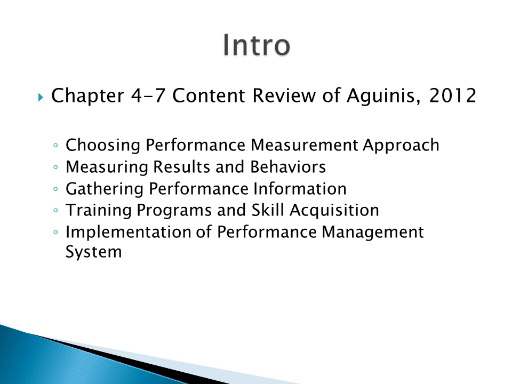So this week we reviewed chapters 4 through 7 of Aquinas, the performance management text. The 5 areas that I'll be focusing on today are choosing performance measurement approach, measuring results and behaviors, gathering performance information, training programs and skill acquisition, and implementation of performance management system.